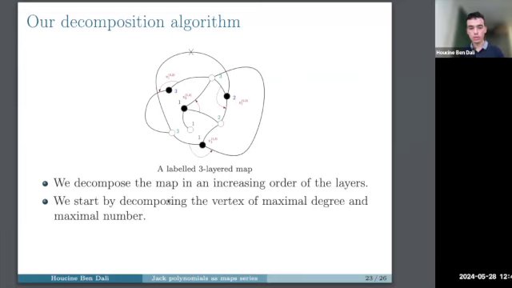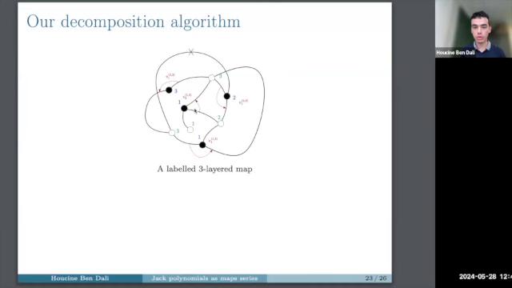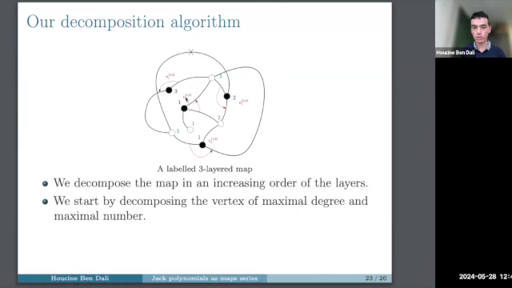In this operation, we start by decomposing the vertex of maximal degree and maximal number. Let's say that here in layer 1 we have 2 black vertices which have degree 3. To decide which one to start with, we start with the one with the maximal number, which is this one, numbered 2. So we delete this black vertex, and then we delete this black vertex.